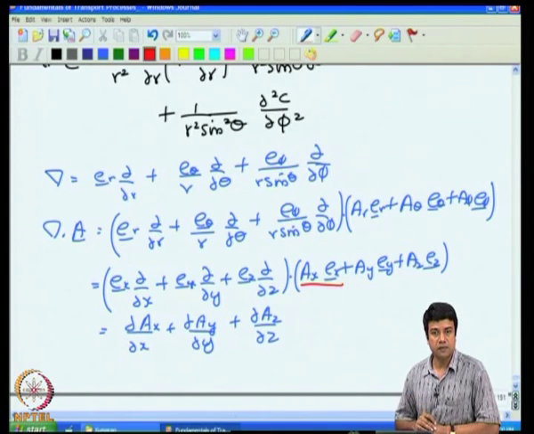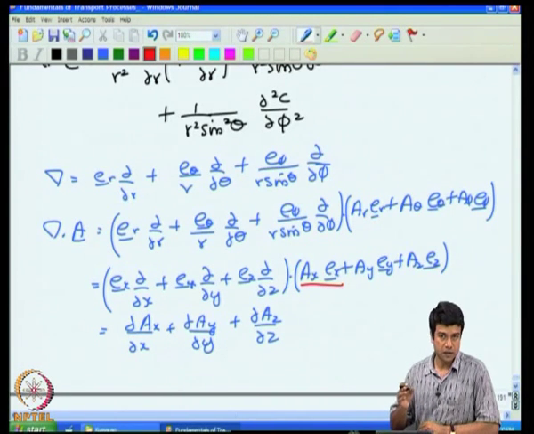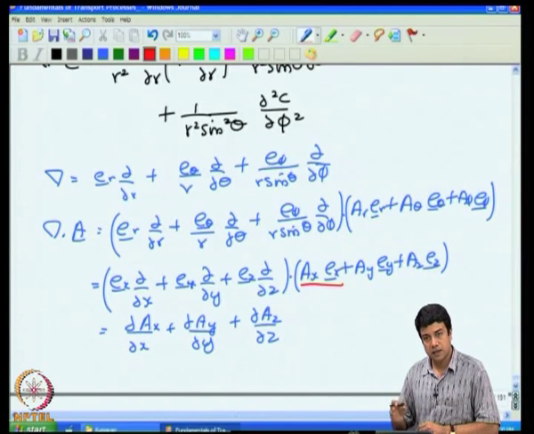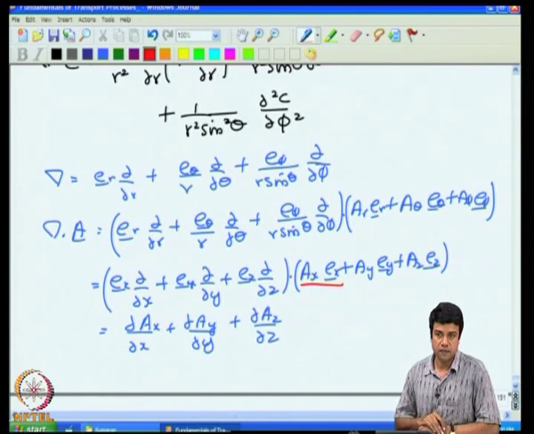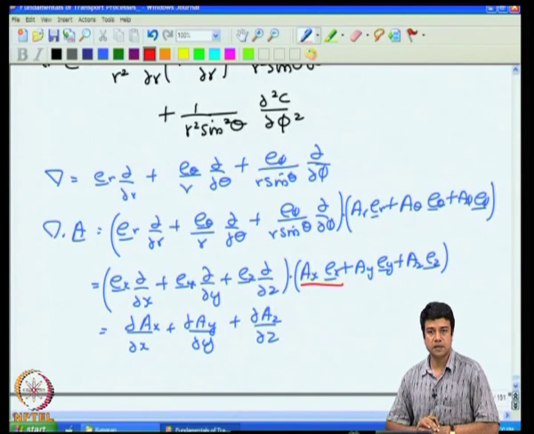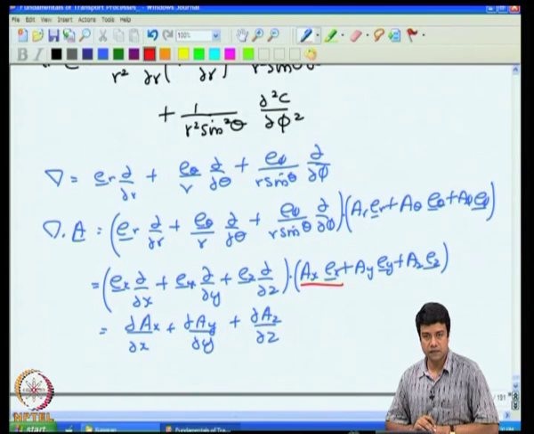First take the derivative of the component times the unit vector, and then the component times the derivative of the unit vector. In the Cartesian coordinate system, we had the advantage that the unit vectors are independent of position.